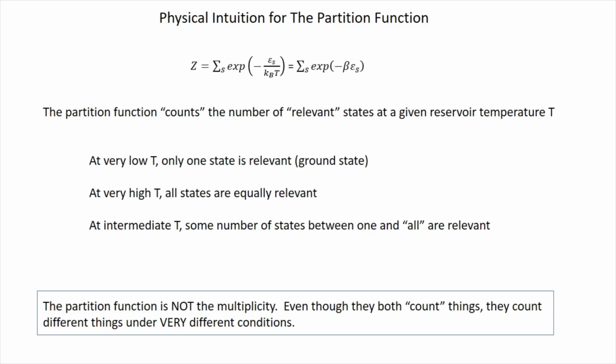When we developed multiplicities, we weren't thinking about a subsystem in equilibrium with a thermal reservoir at temperature T. We're just thinking about a system where we need to count all the microstates consistent with a given macrostate. It's very different. It's probably easy to confuse at first, and so you need to find a way to force yourself to not think that the partition function is just a different version of the multiplicity. They are not the same.